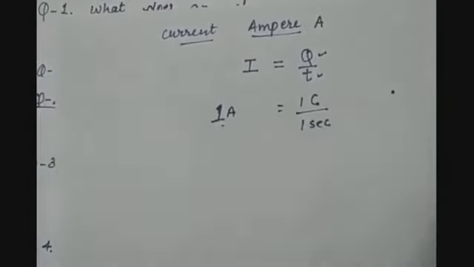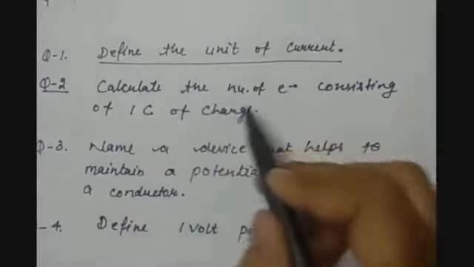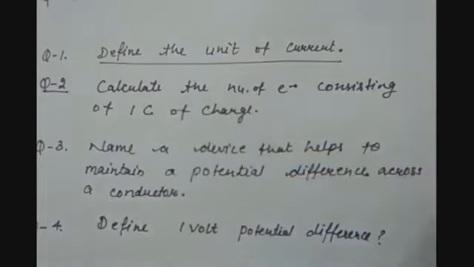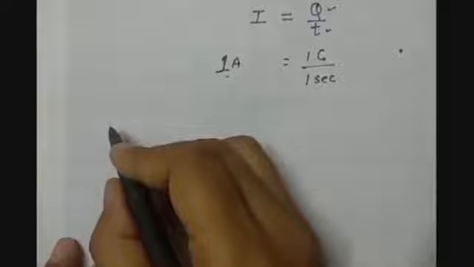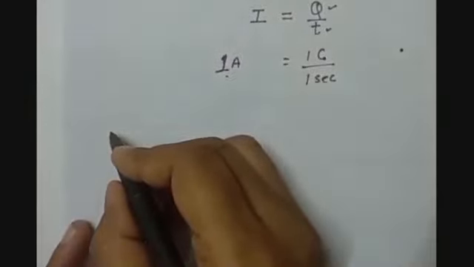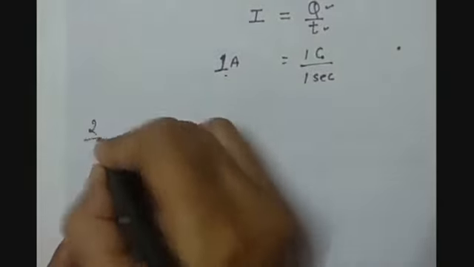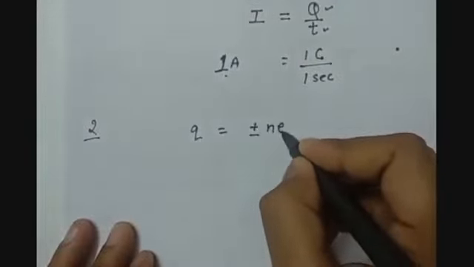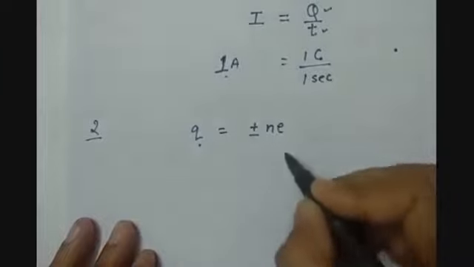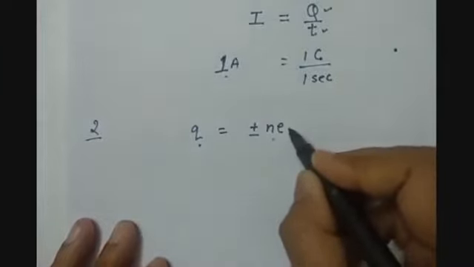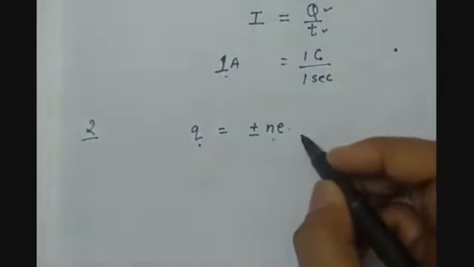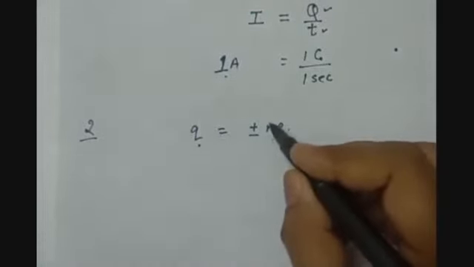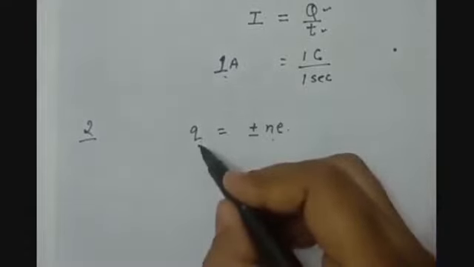Now the second question is, calculate the number of electrons consisting of 1 coulomb of charge. As we have studied about the quantization of charges, and we know the formula, Q is equal to plus minus NE, where Q is the charge, N is the number of electrons transferred, and E is the charge on 1 electron. So we have been asked to calculate the number of electrons in 1 coulomb of charge.